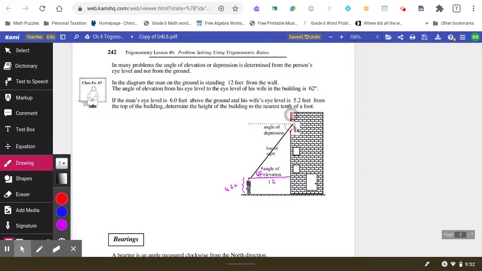So this length here is 5.2, right? Okay, determine the height of the building to the nearest tenth of a foot. So we are going to go find this length here.